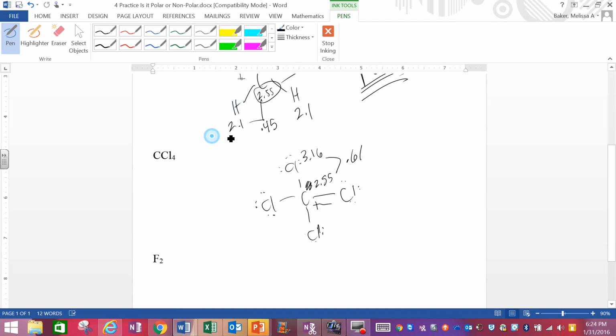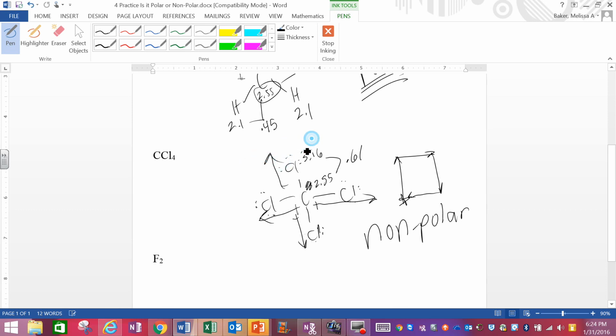However, there's a chlorine pulling to the right, there's a chlorine pulling to the left, there's a chlorine pulling up, there's a chlorine pulling down. This is like you went on a walk. You went a block north, you went a block east, you went a block south, you went a block west. Where'd you end up? Exactly where you started at. So this would be a nonpolar molecule because there's no net pull in any one direction. All the pulls cancel out.